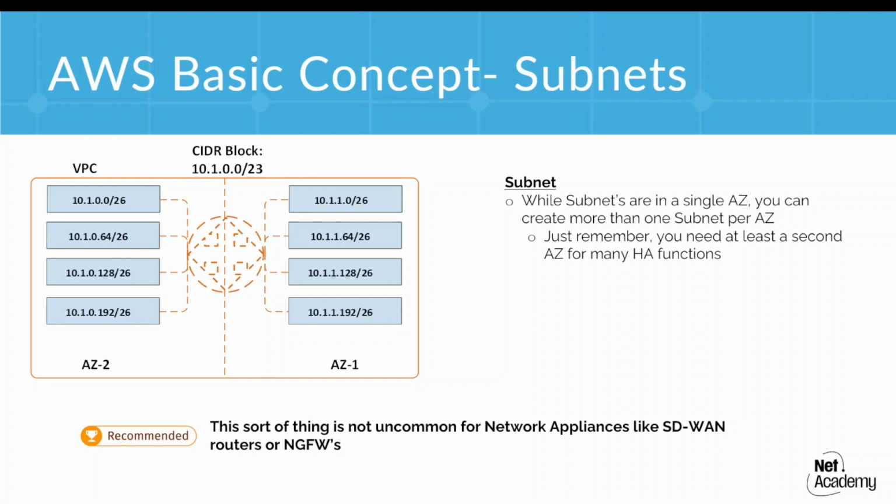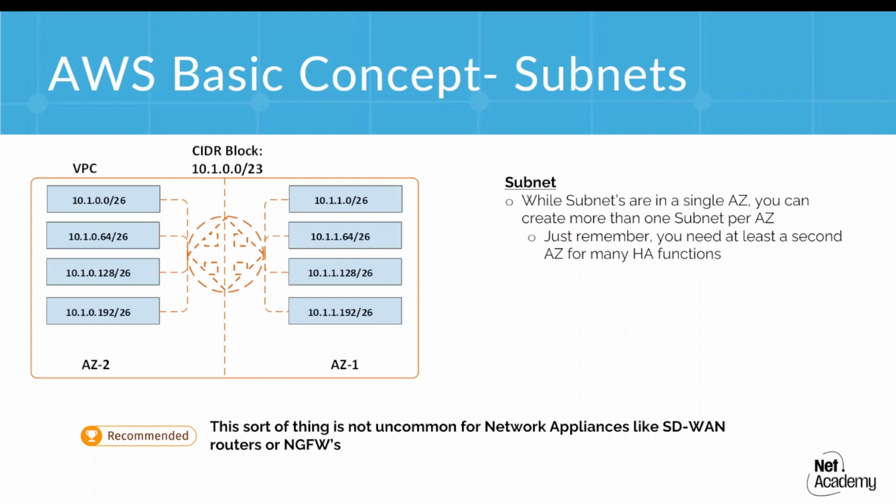Now, also keep in mind, we mentioned this earlier, this is different in GCP and Azure. In AWS, it's a strict layer 3 boundary. It's more like a layer 2 concept, perhaps I should say, in Azure and GCP. So things like HA for a pair of next generation firewalls might look very different from a deployment model.